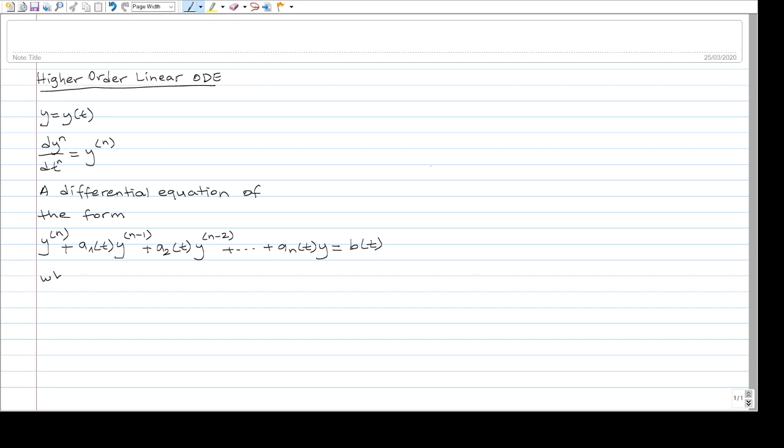Where a1 of t, a2 up to an of t, and b of t are functions of t.